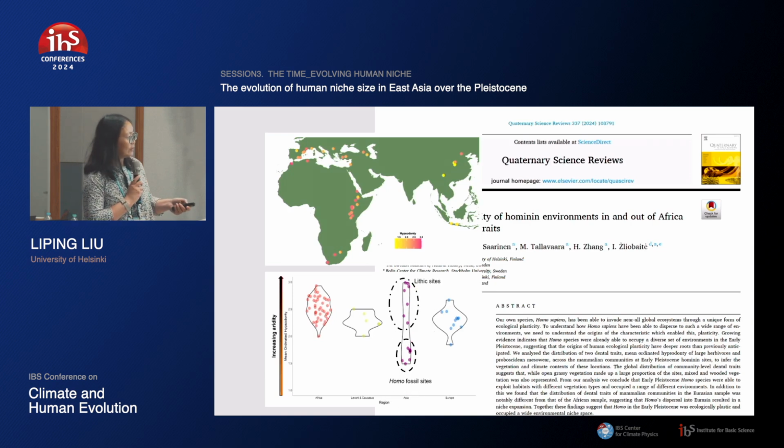If we look in detail, the very dry end is all represented by the lithic artifact sites, and the humid end is all represented by the Homo fossil sites. So this is quite interesting. I want to understand why the artifacts and the human fossils are segregated.